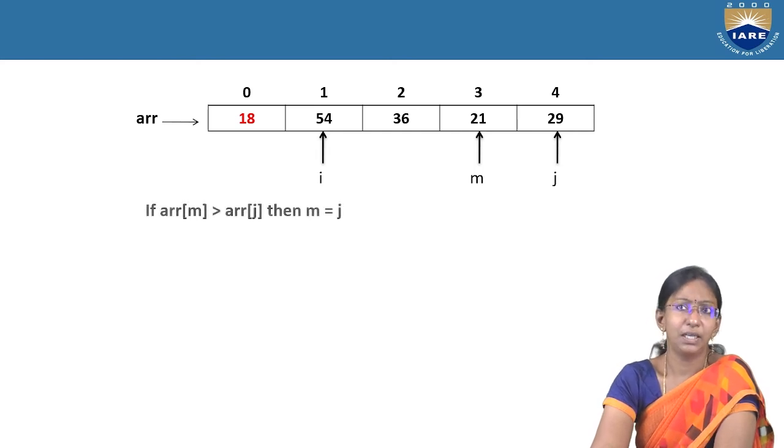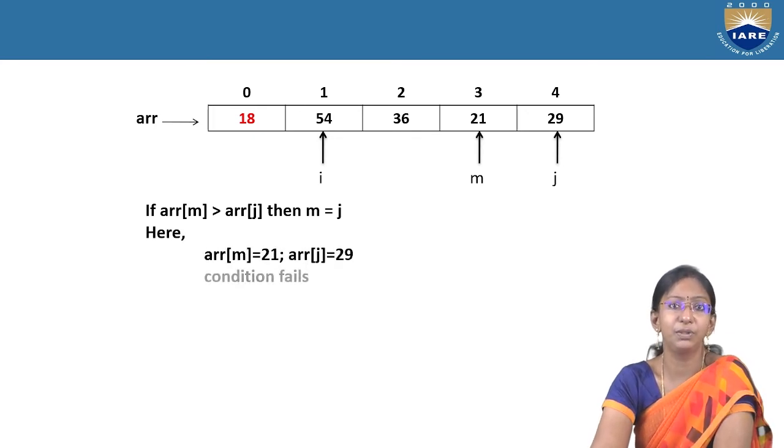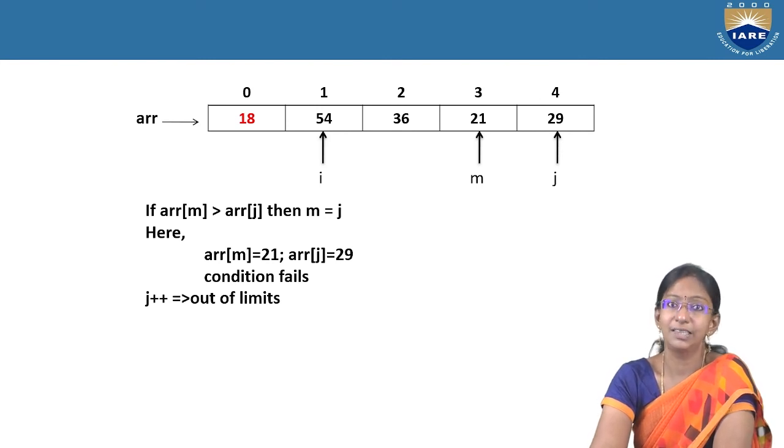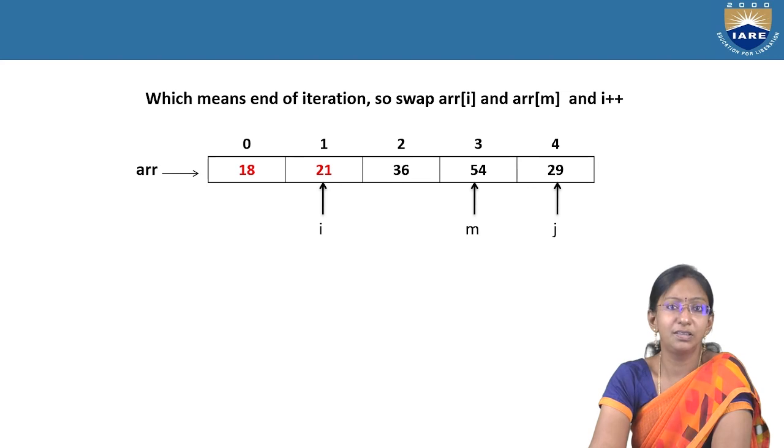Now again compare. The element pointed by M is 21, which is less than 29. Condition fails. Simply increment J, which goes out of limits, which tells you that this is the end of the second iteration. Swap the content pointed by I and M. So that is, swap 21 and 54. So this is the end of the second iteration.